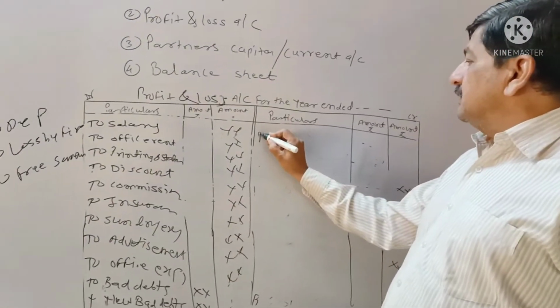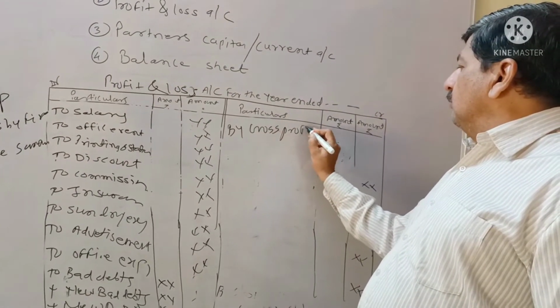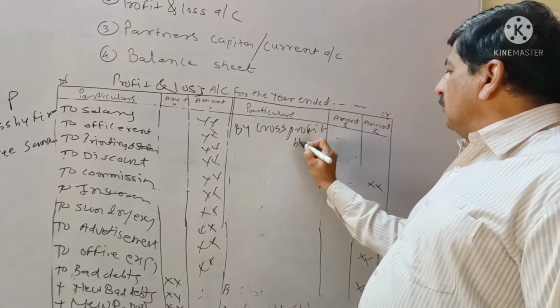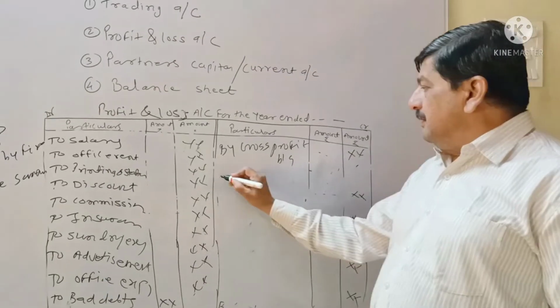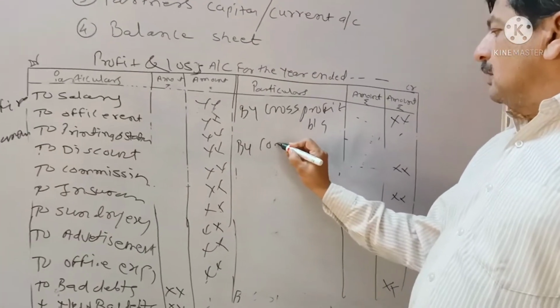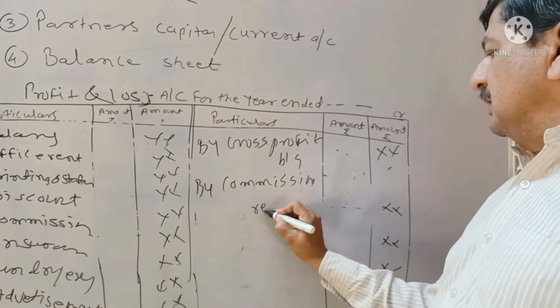Then on the credit side, by gross profit brought down, meaning the trading account profit carried down, is taken on the profit and loss account credit side. By commission received: any received item means credit balances, it is our receipt.